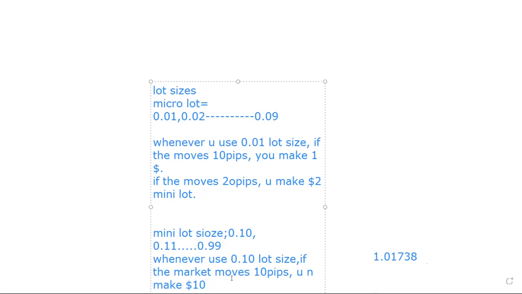If it does 20 pips, how many dollars will you make? 20 pips, $20? No, you were not following. Let me say it again. If you're using 0.50 lot size and it does 10 pips, you make $50. If it does 20 pips, how many dollars is that?